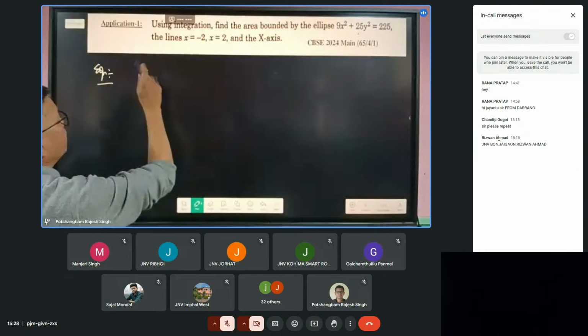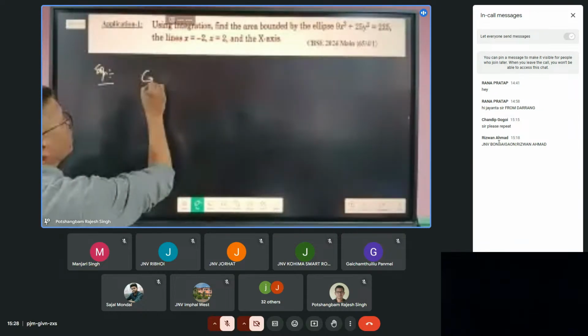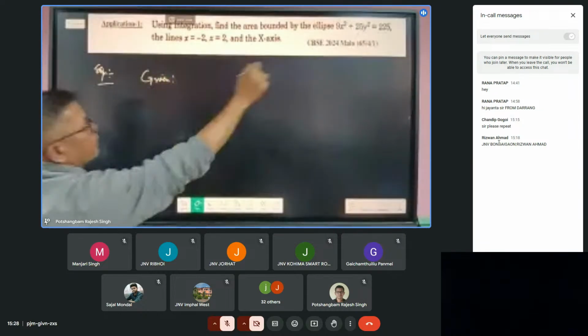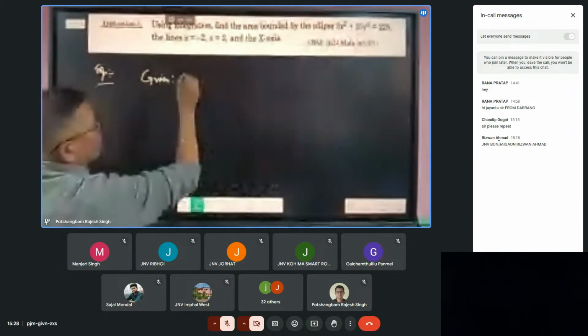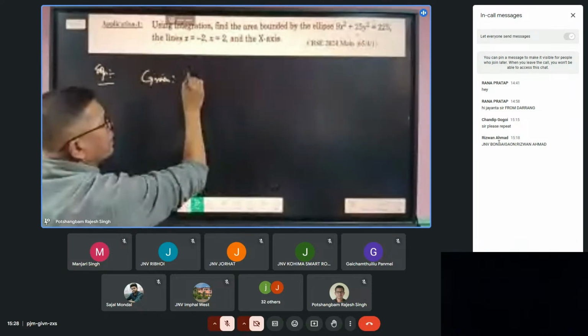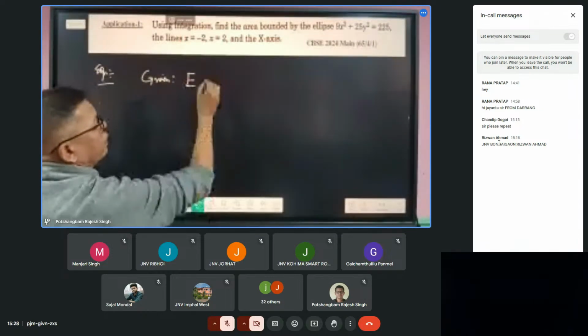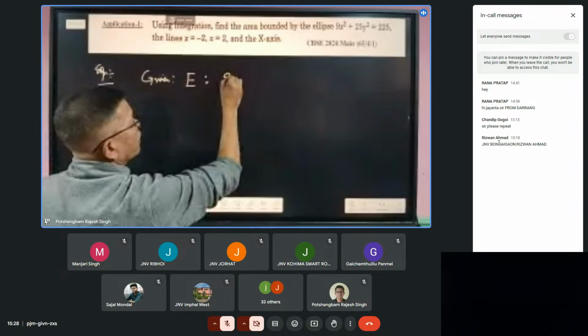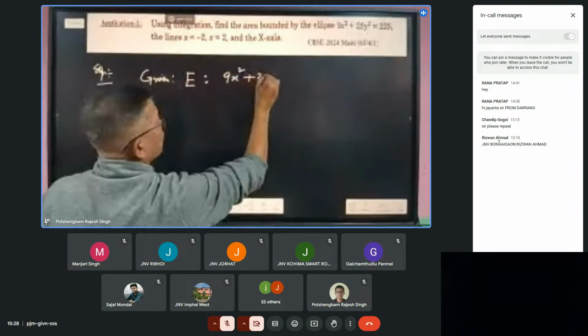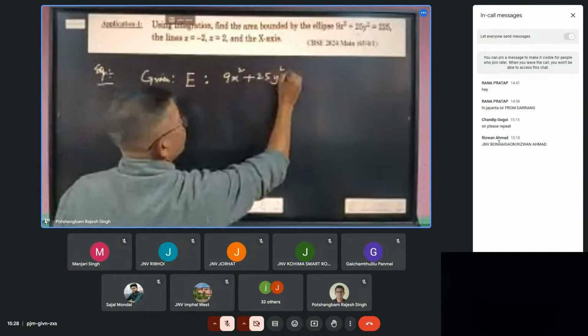So, you start with the given curve. The given curve is what? Ellipse. Better you name the curve by E. Okay, ellipse. And what is the equation? 9x squared plus 25y squared equal to 225.